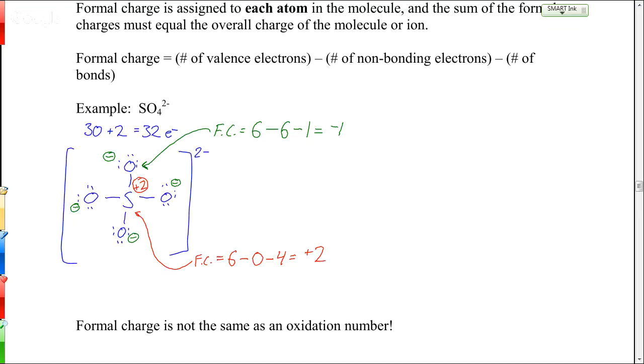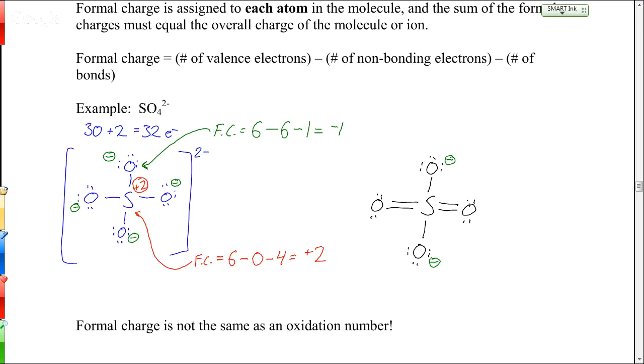So if we put, let's say, we make 2 of these into double bonds. Okay. Now these oxygens on the top and bottom are still looking the same. So those are still going to be -1.